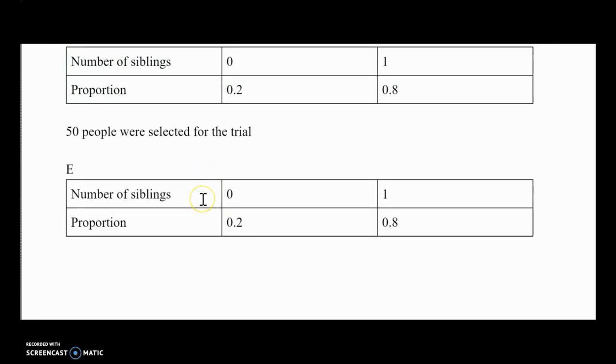So this would be my expected count, for example. My expected count for the number of people with siblings would be, not multiplied by 0, rather multiplied by 50, because that's the number of people in my trial. So if you wanted to, you could think of it as proportion multiplied by n. And same goes for this, you would have 0.8 multiplied by 50. And that's how you get your expected counts.